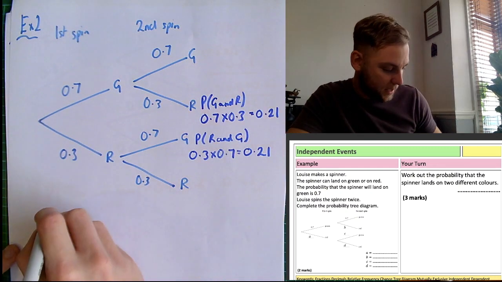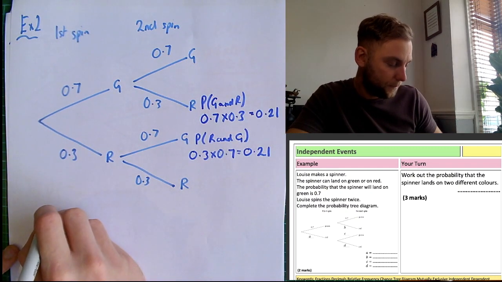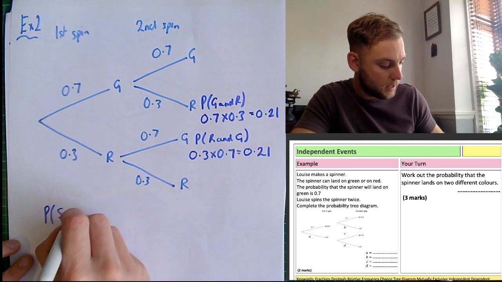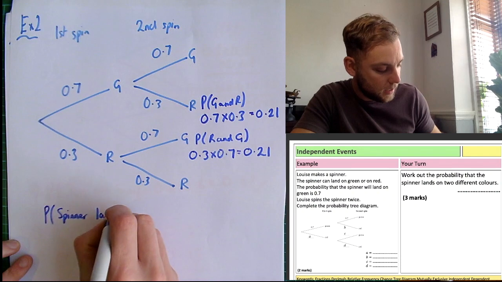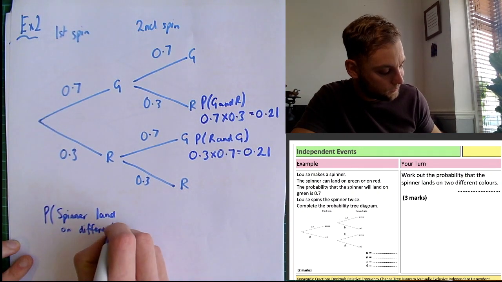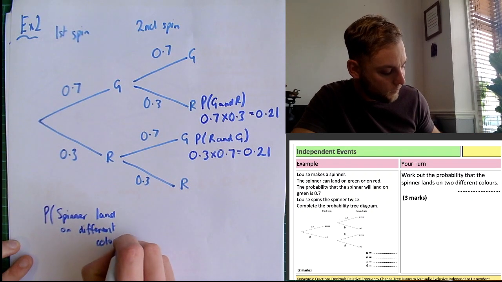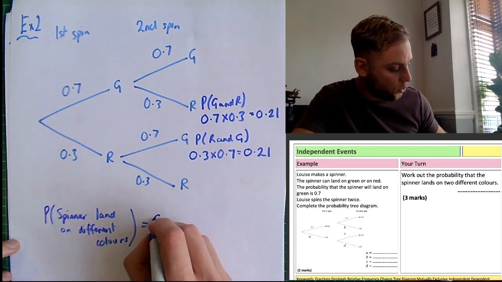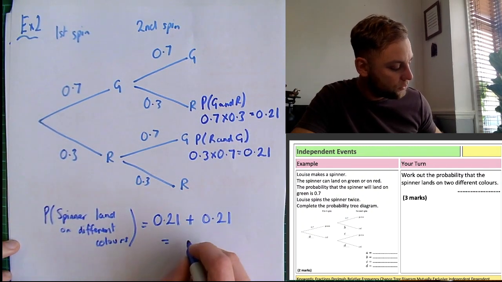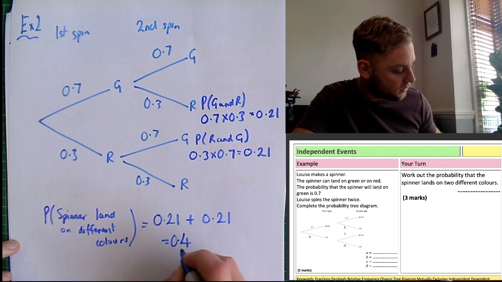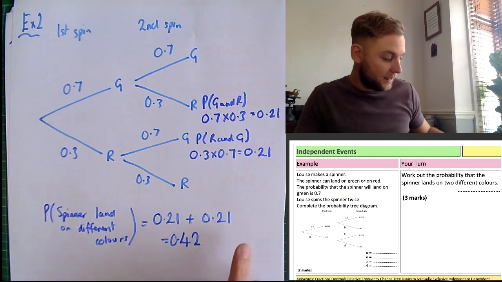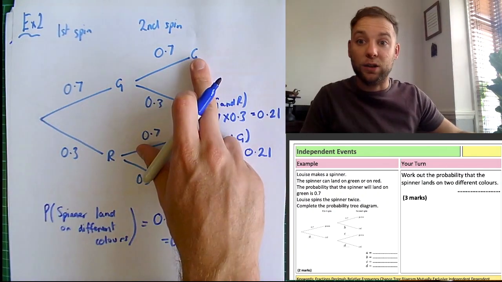So the probability of the spinner landing on different colours is equal to 0.21 plus 0.21, which is equal to 0.42. Brilliant. Super.